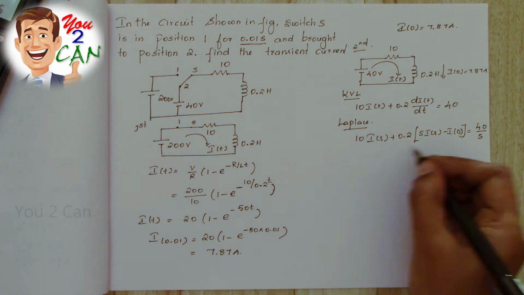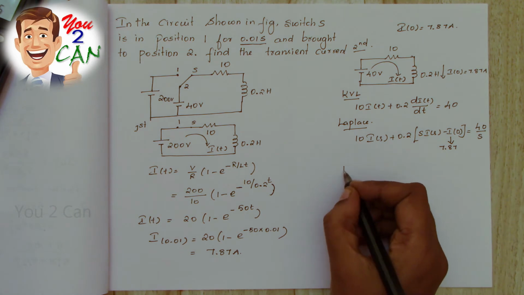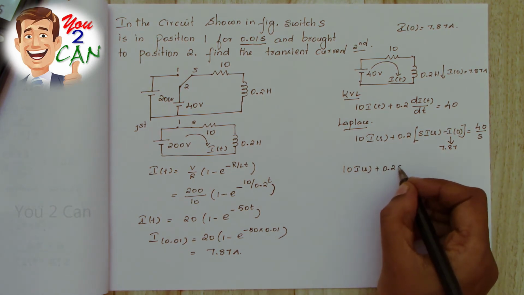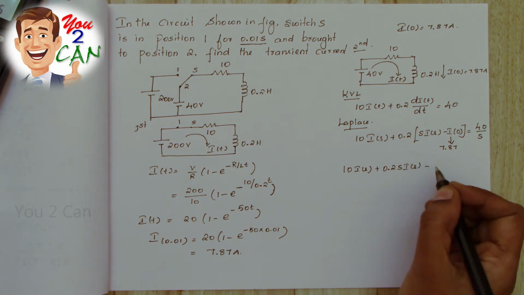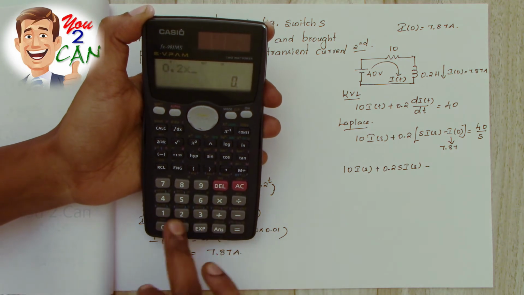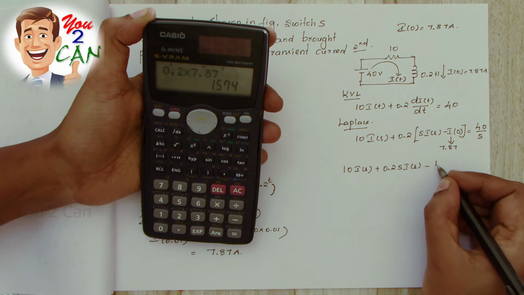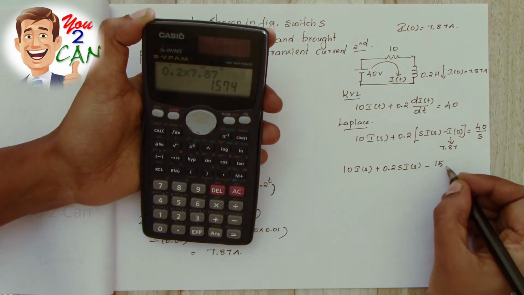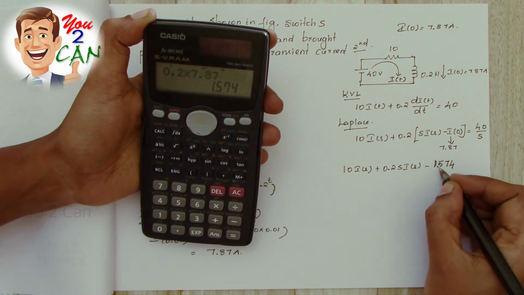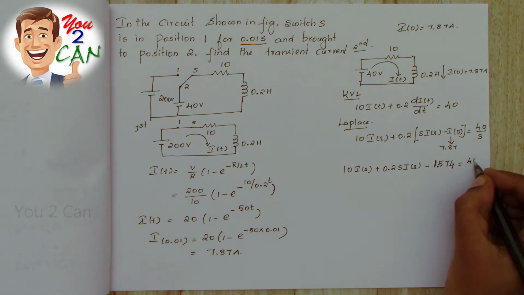Now I of 0 is 7.87, so 10 I of s plus 0.2 s I of s minus 0.2 into 7.87, which is 1.574, equals 40 by s.